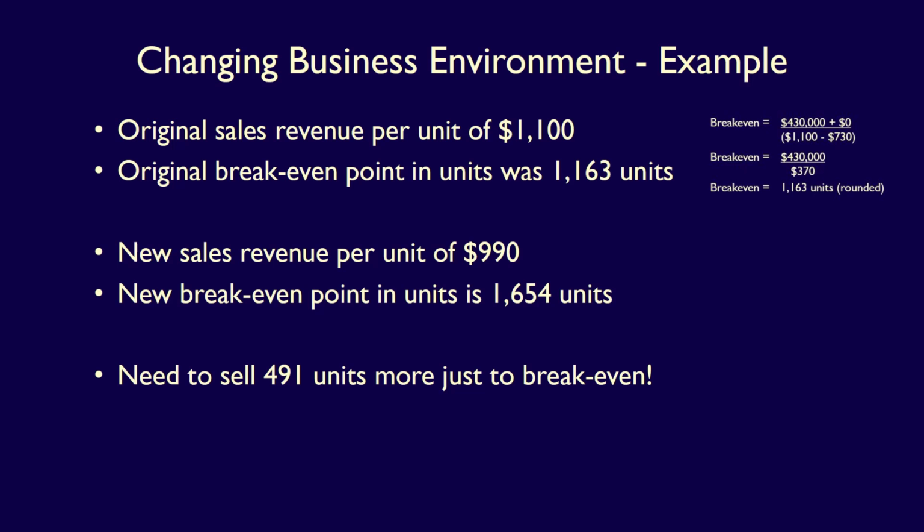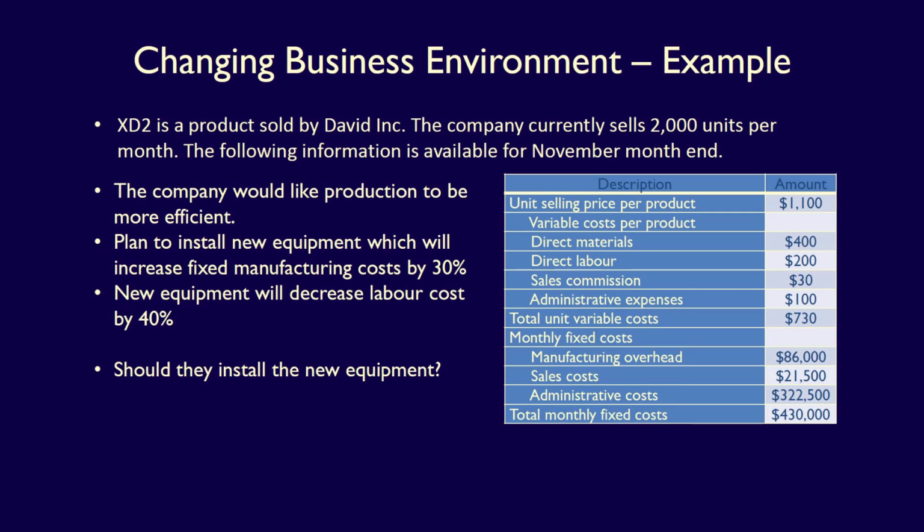The lower sales price means that each unit sold contributes less to covering the fixed costs, so we have to sell more units in order to cover those fixed costs and break even, which means the company will be less profitable. We definitely don't want to offer a 10% discount.